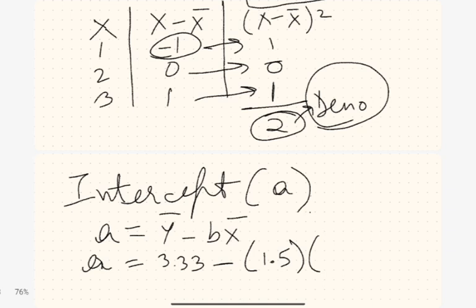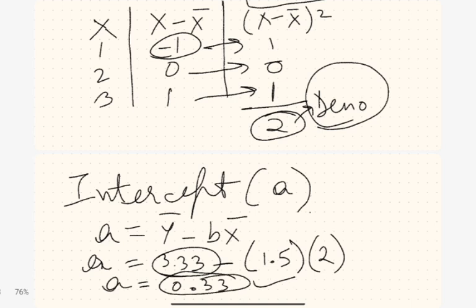The value of x bar, the mean of x, that is the independent variable, was 2, right? So this comes out to be 0.33. If you subtract 3 from 3.33, you get 0.33. So this is the intercept. Now we have got the intercept to be put in the regression equation.